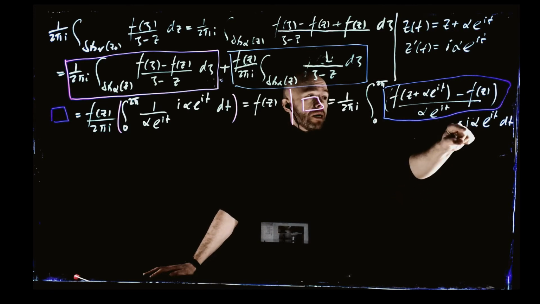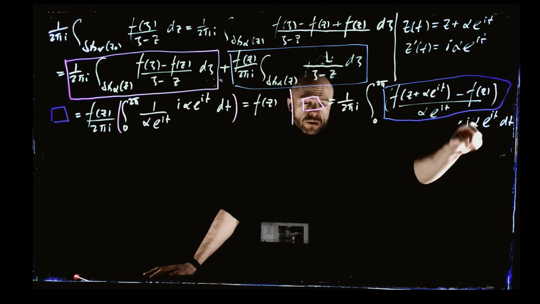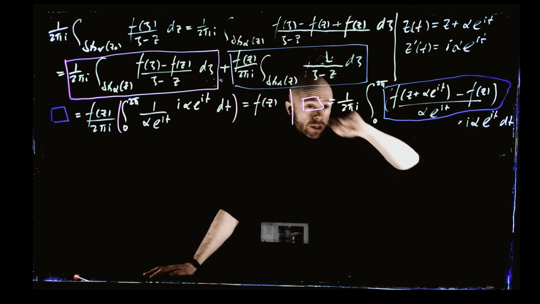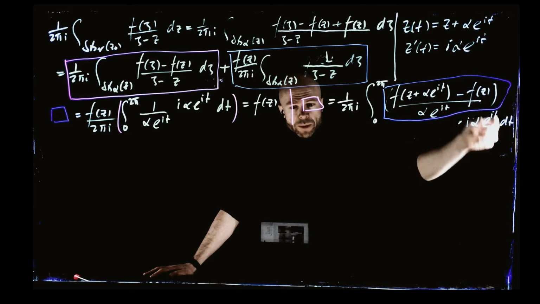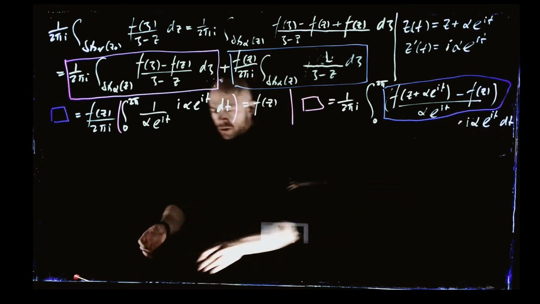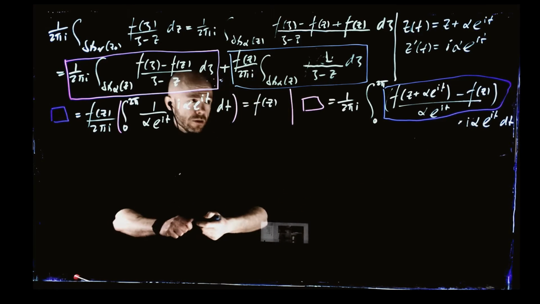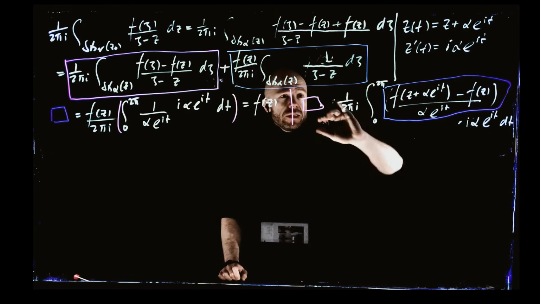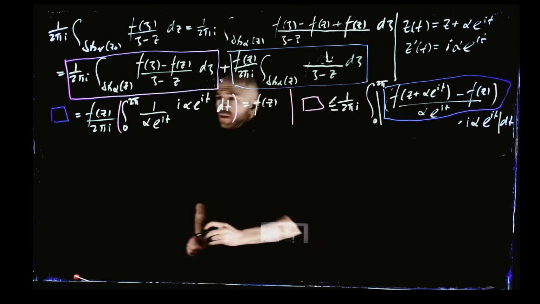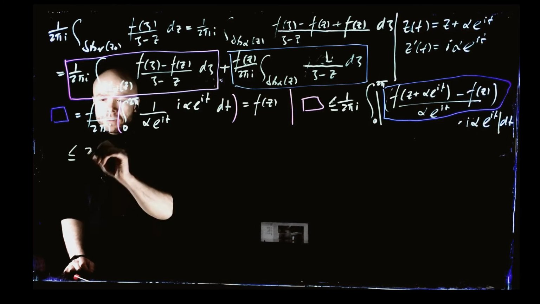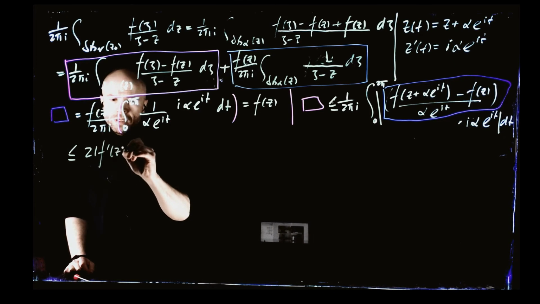What about this thing? Well, this thing is just a complex number whose absolute value is equal to alpha, right? So we're integrating something from 0 to 2 pi, multiplied by a bounded thing times something which is bounded by alpha. So if we take absolute values through inside this thing, then that is going to be less than just 2 times the absolute value of f prime of z.